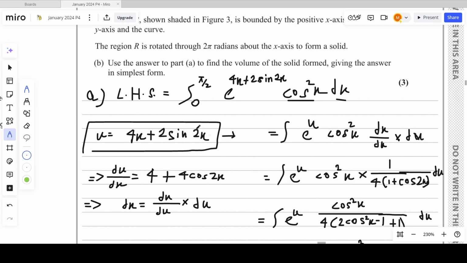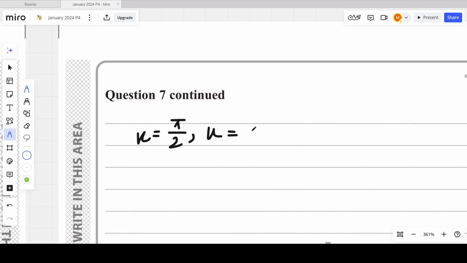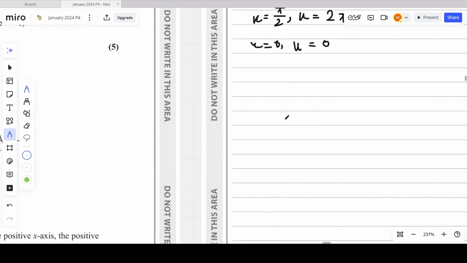So sine 2 pi over 2, this is basically sine pi. Sine pi is 0. So we got 2 pi, the upper limit is 2 pi for u, and when x equals 0, you will get the lower limit 0. Fair enough, we got the limits.